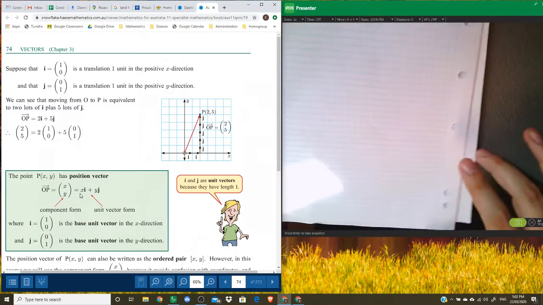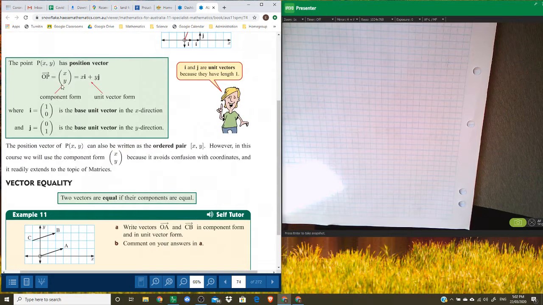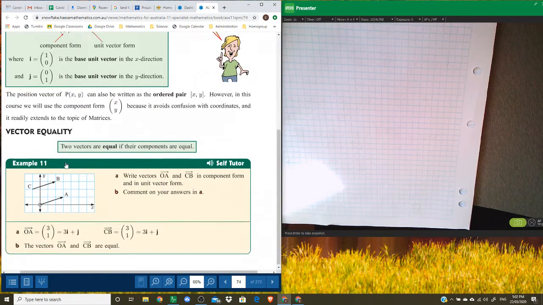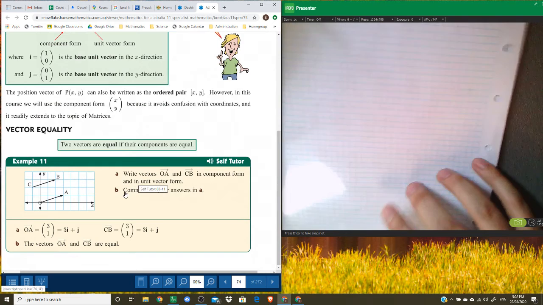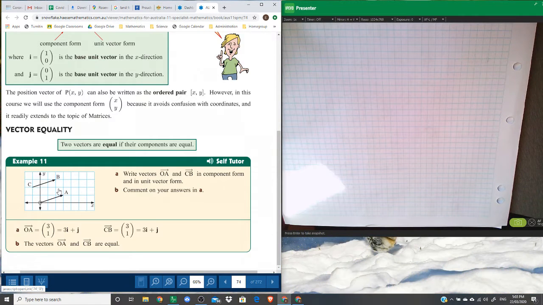You can write any vector in terms of its unit components. They've got an example here, example 11. Write vectors OA and CB in component form, and hence the unit vector. So C to B, we move 3 to the right and 1 up.